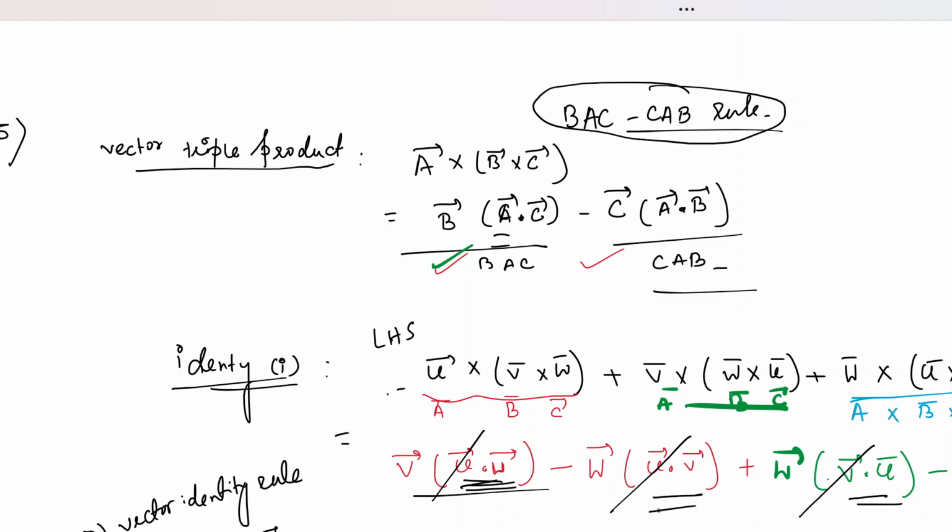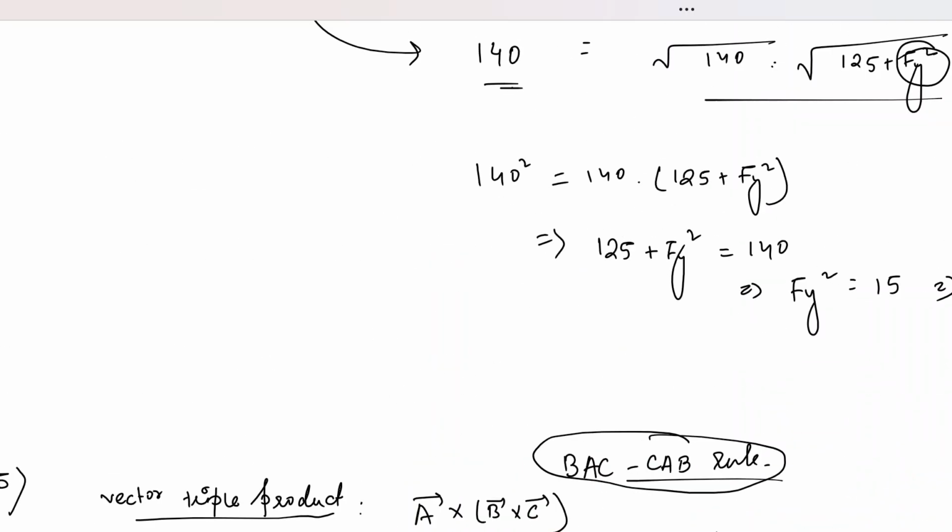Here they have expressed it in U, V and W, but you can also place it like U to V, V to W and W to U, a cyclic order. They have exactly followed that: U, V, W and then V, W, U, and then W, U, V. So they are maintaining that order, so their sum will be 0.